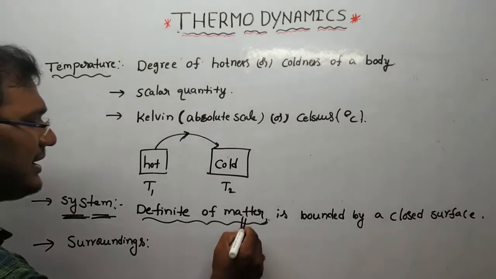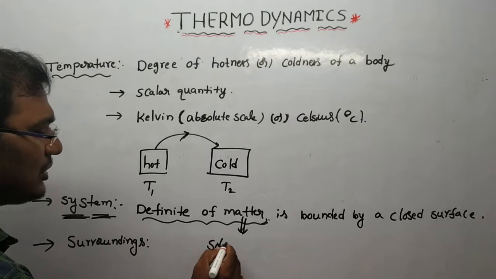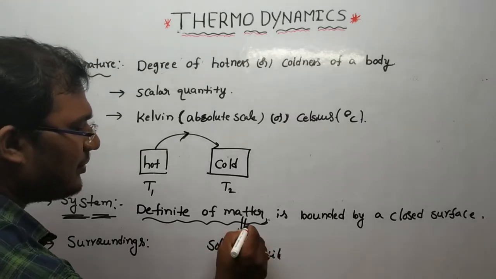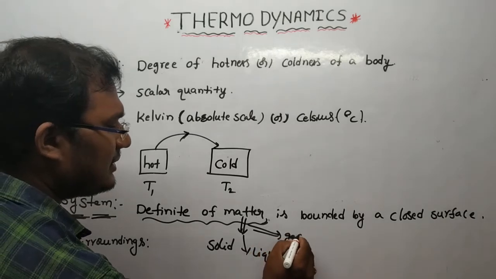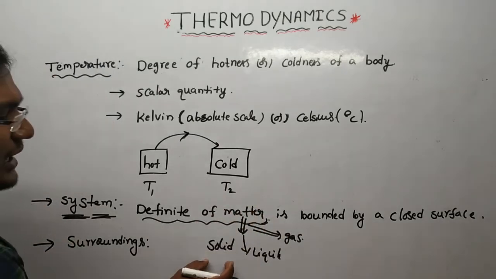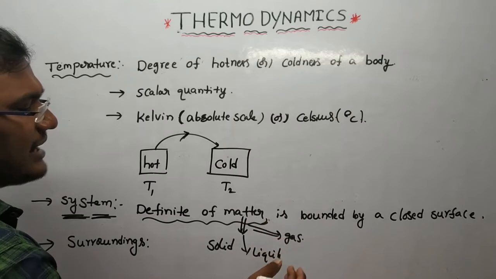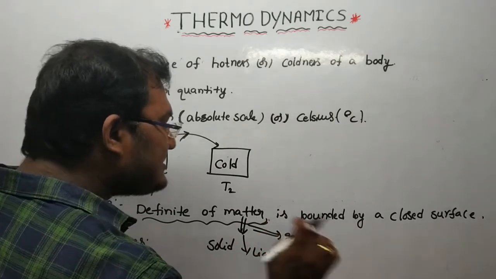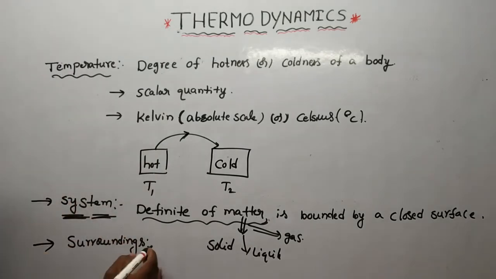This matter may be solid, liquid, or gas. When the solid, liquid or gas is bounded by some closed surface, then we call it a system. What is the surrounding?